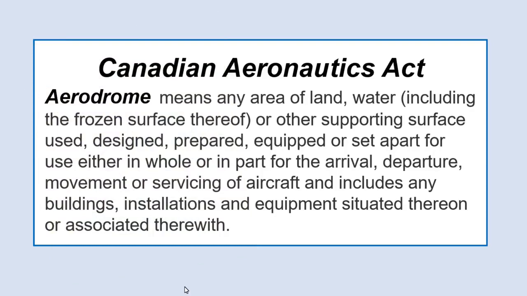An aerodrome means any area of land, water, including the frozen surface thereof, or other supporting surface used, designed, prepared, equipped, or set aside for use either in whole or in part for the arrival, departure, movement, or servicing of aircraft, and includes any buildings, installations, and equipment situated thereon or associated therewith. I love the word therewith. But what does this mean?